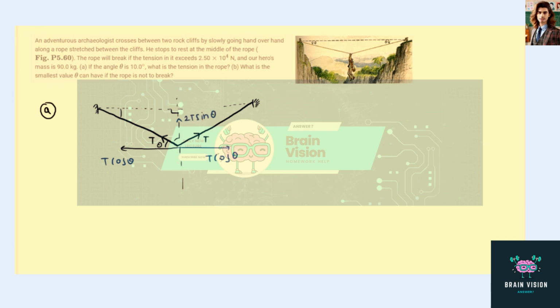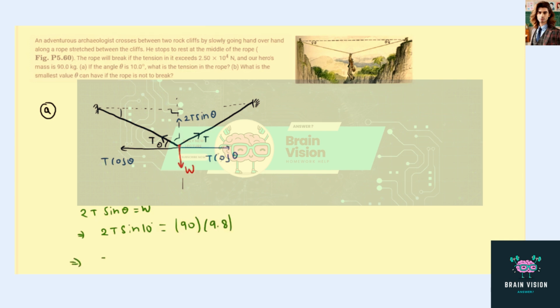And over here the guy hangs, so its weight is exactly down. Now we need to find the tension in the rope, T. So we got to equate 2T sine theta with W. We know the value of theta, that's given as 10 degrees, and we know the value of weight, which is mass times gravity.